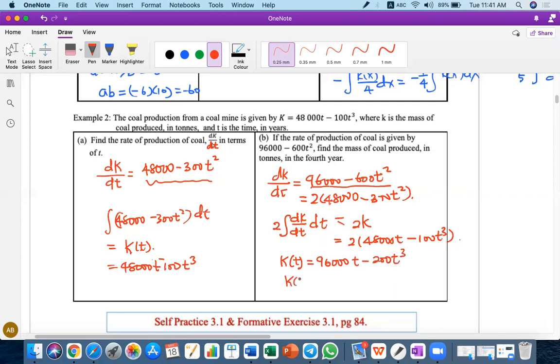When t is 4, we substitute 4 in: 96,000 times 4 minus 200 times 4 cubed. So you'll get the answer 371,200 tons.